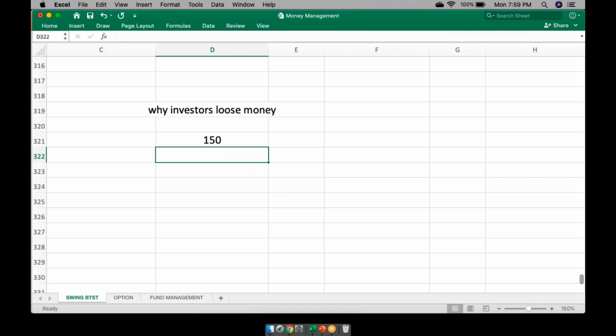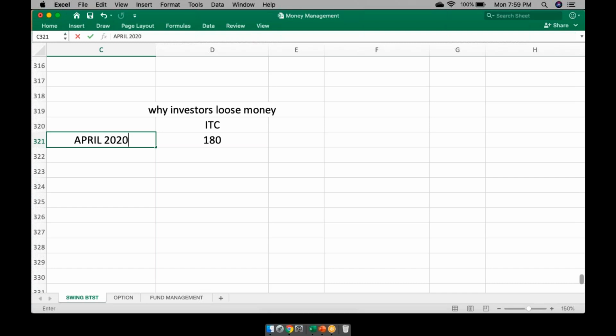Can someone tell? Yes, industry life cycle. 180. Okay, say for example, if someone is buying ITC today, you are buying ITC for 180. Let's say you are buying in 2020. Okay, let's be specific.